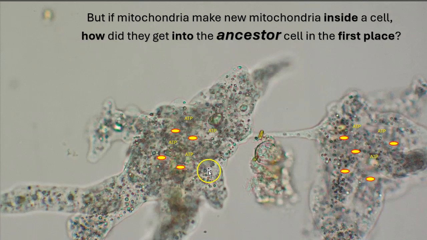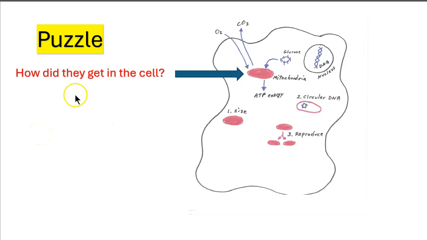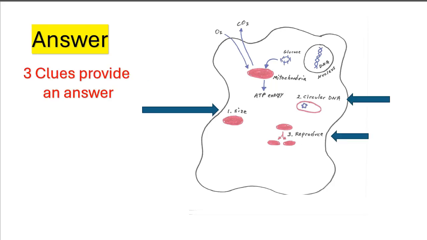But if mitochondria make new mitochondria inside a cell, how did they get into the ancestor cell in the first place? So the puzzle here is, how did they get into the cell? It's one thing to understand that mitochondria can reproduce. This is how they can be transferred to daughter cells, but how did they get into the first cell, the ancestor cell?